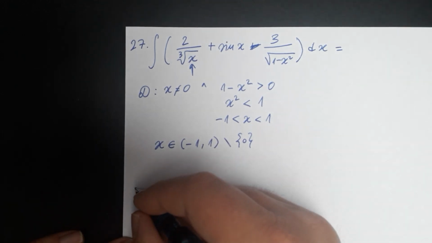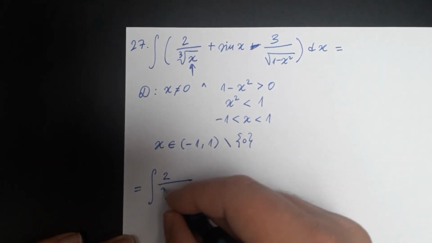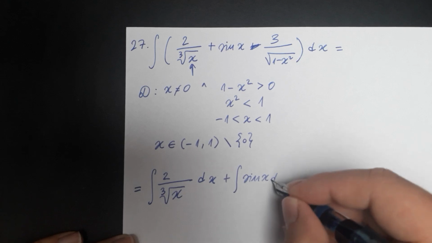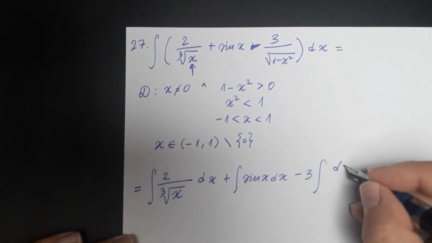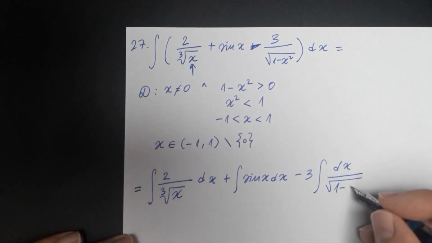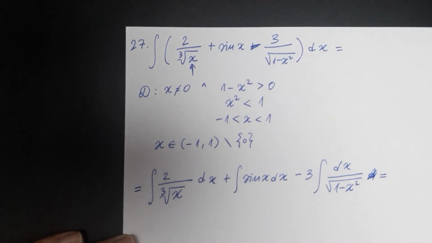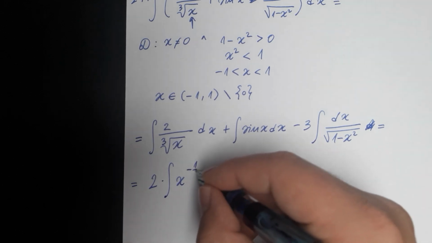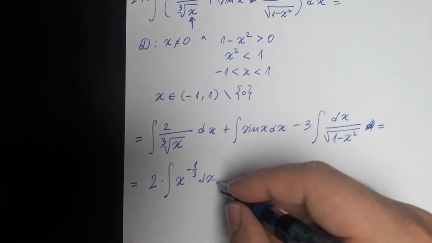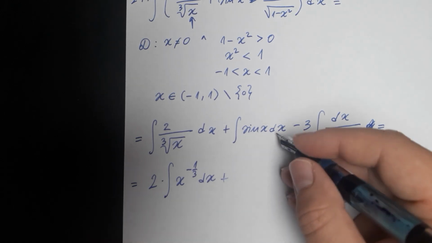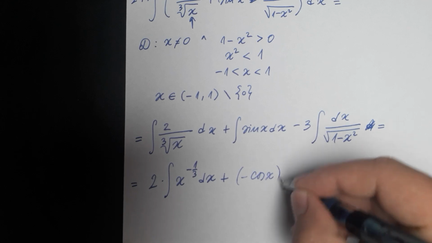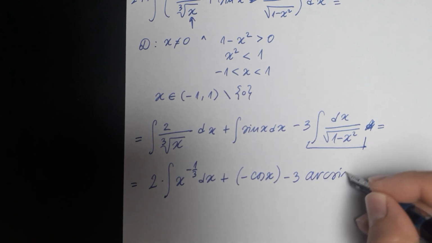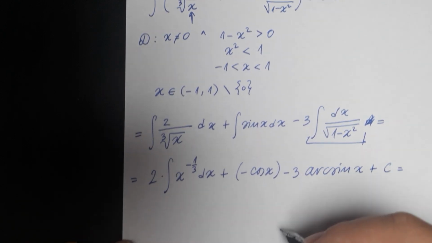Then our integral becomes the integral of 2 divided by the cubic root of x dx plus the integral of sine x dx minus 3 times the integral of dx divided by the square root of 1 minus x squared, which is then equal to 2 times the integral of x to the power negative 1/3 dx plus the integral of sine x dx, well, that is negative cosine of x, minus 3 times this integral right here, which is arcsine of x, plus a constant c.